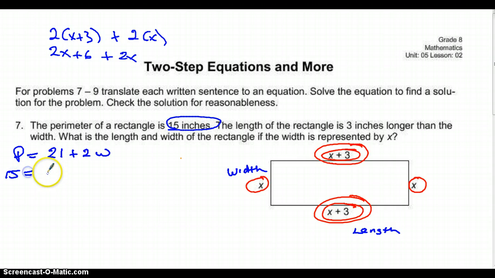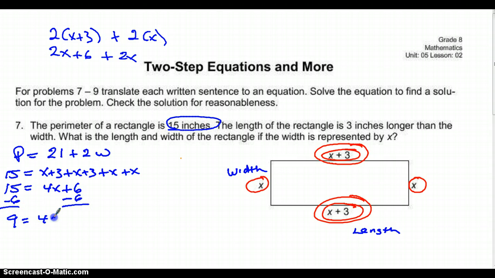So 15 is equal to x plus 3 plus x plus 3 plus x plus x. That's going to give me 15 is equal to 1, 2, 3, 4, 4x and 3 plus 3 is 6. I'm going to subtract 6 from both sides. That's going to give me 9 is equal to 4x.